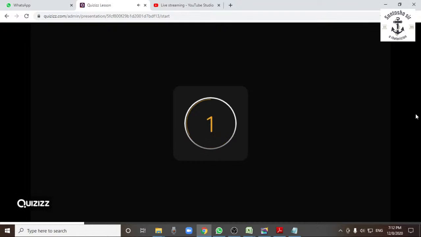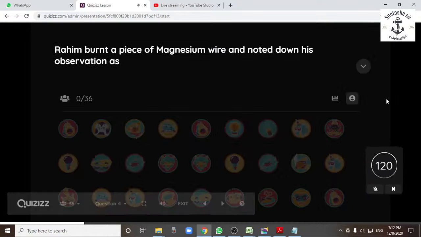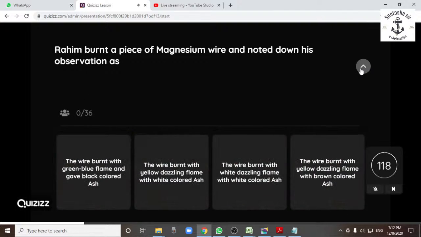Question number 4. Rahim burned a piece of magnesium wire and noted down his observation. So what would be the observation when you burn a piece of magnesium?